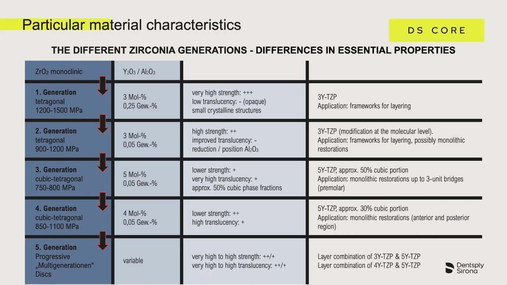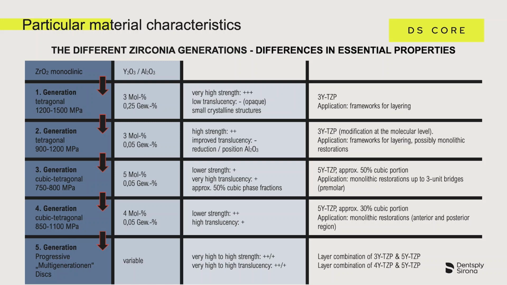The harder the material, the more suitable for framework materials. For this indication, the aesthetics are not important. The hardness is decisive. With increasing yttrium content, as already mentioned, the hardness decreases. The crystalline structure changes towards cubic. This makes these materials more suitable for monolithic restorations.